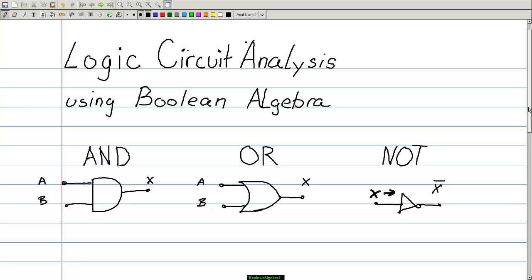In the last video on digital electronics, we defined the basic logic gates AND, OR, and NOT. And we defined the Boolean expressions for the outputs of each of these logic gates.